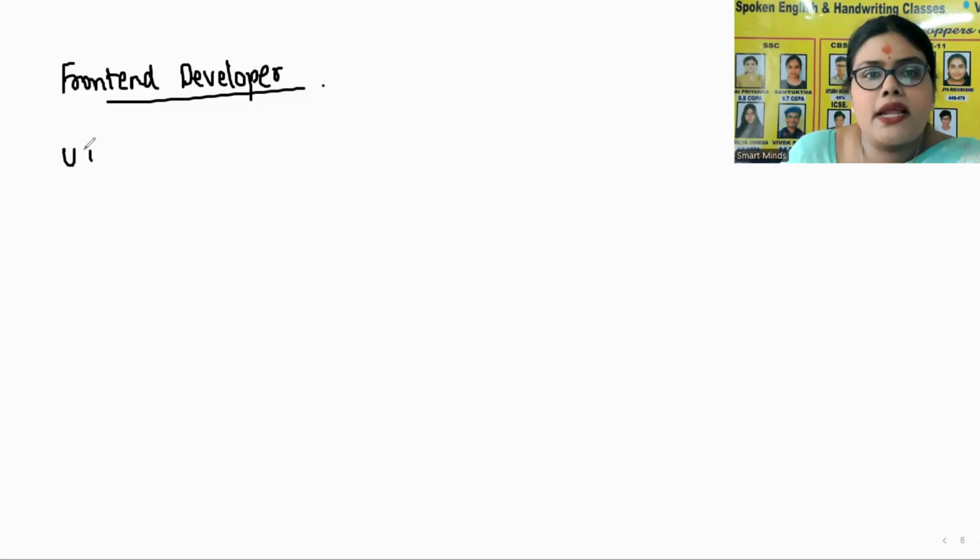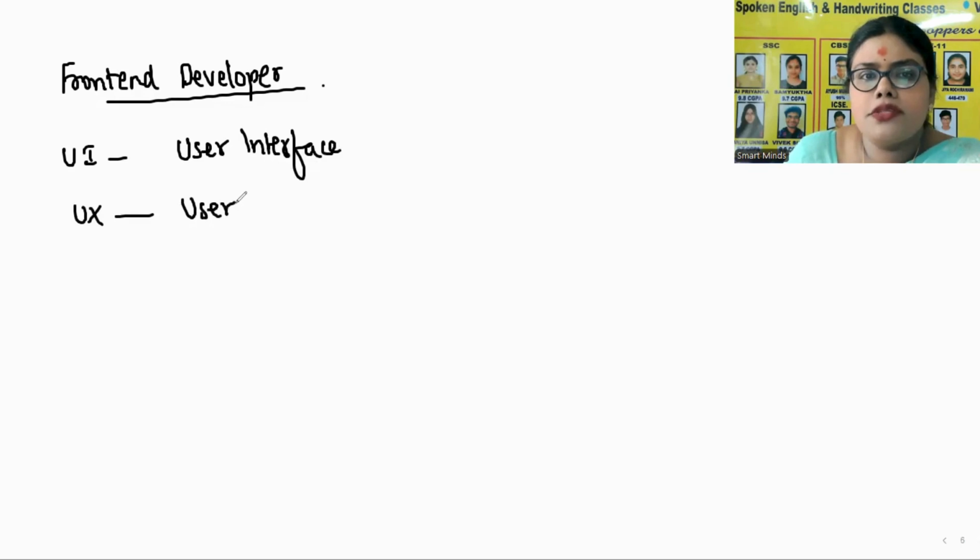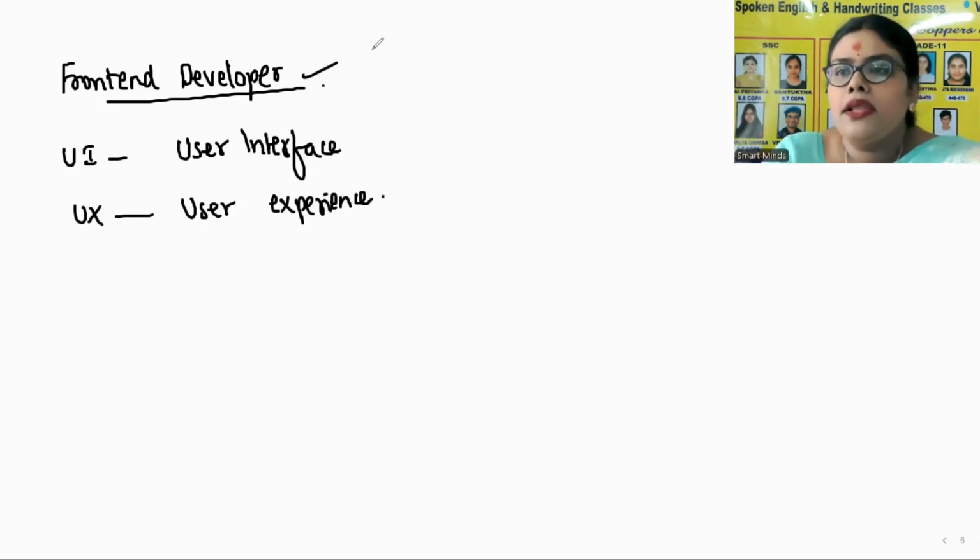UI stands for user interface and UX stands for user experience. So who is a front-end developer? He is a professional in the field of web development who specializes in designing and implementing the user interface and user experience of websites and web applications.